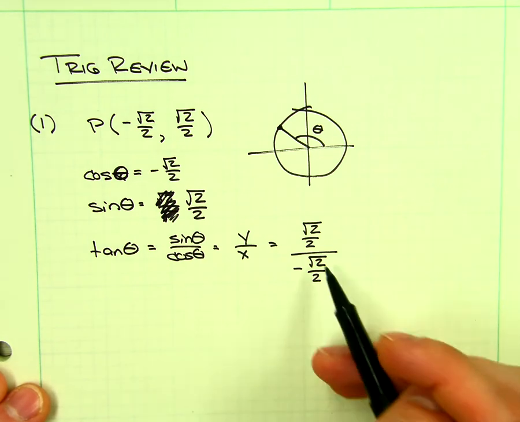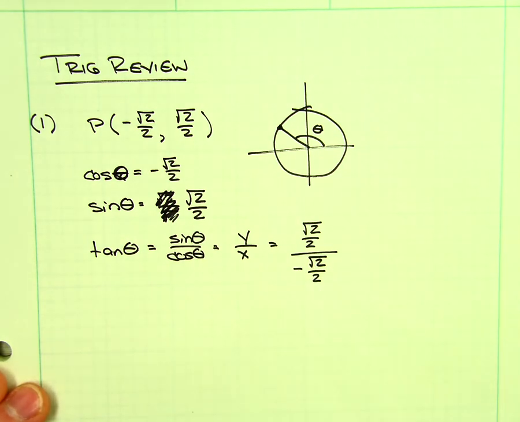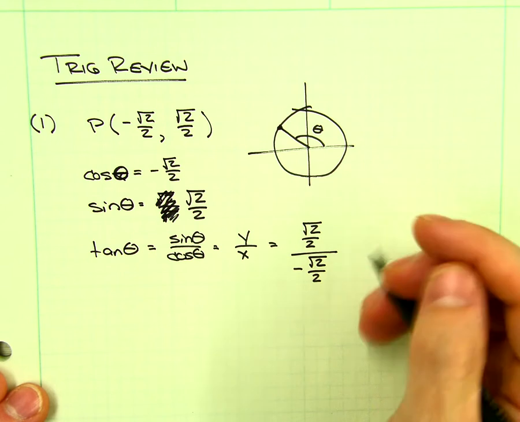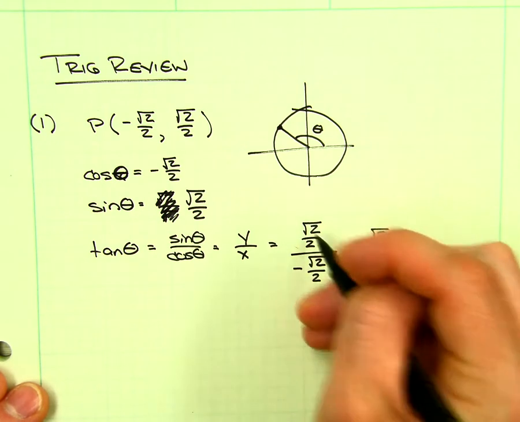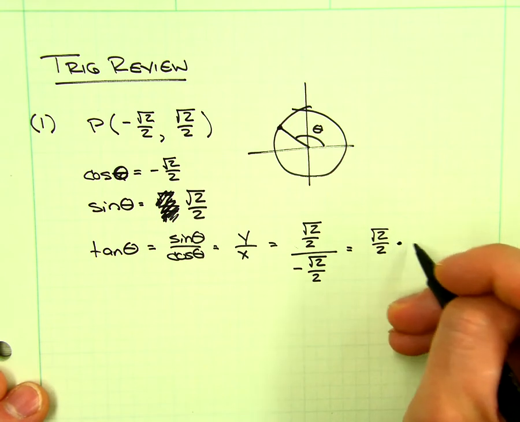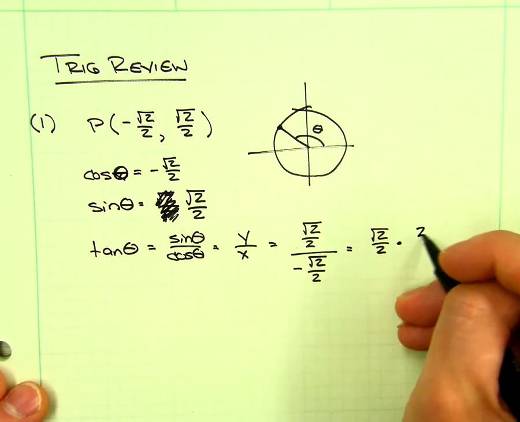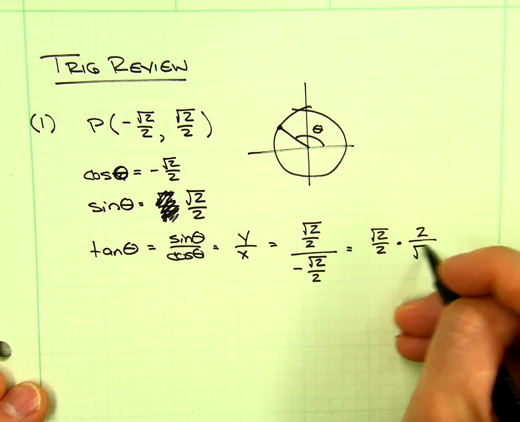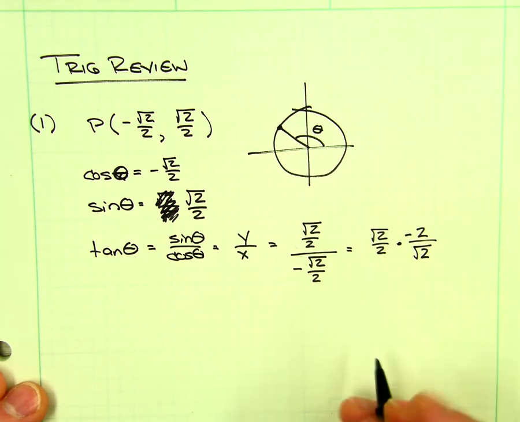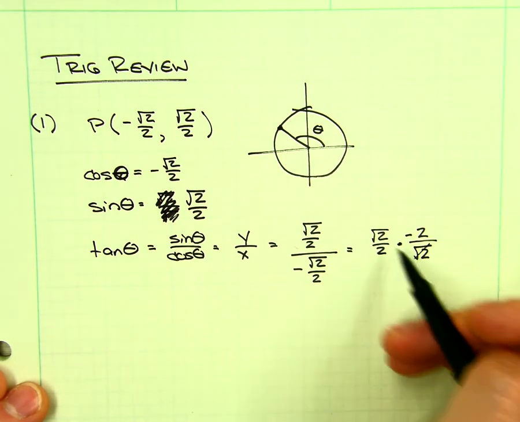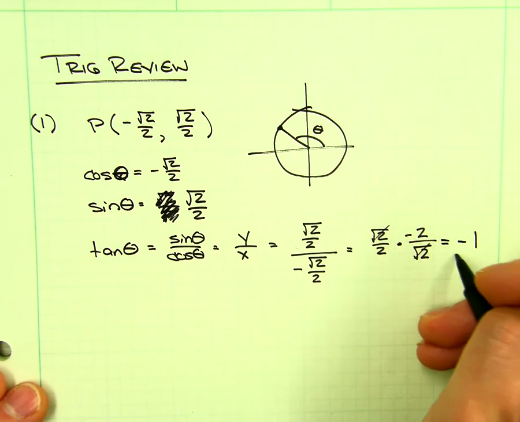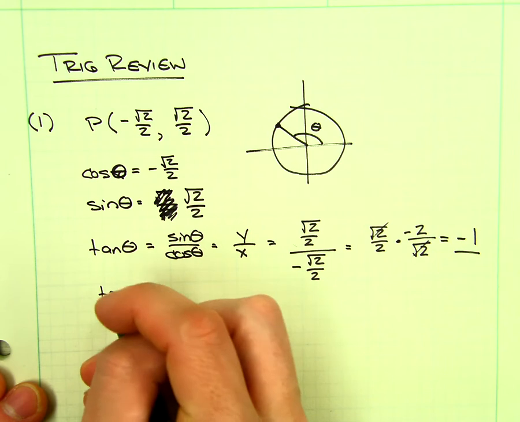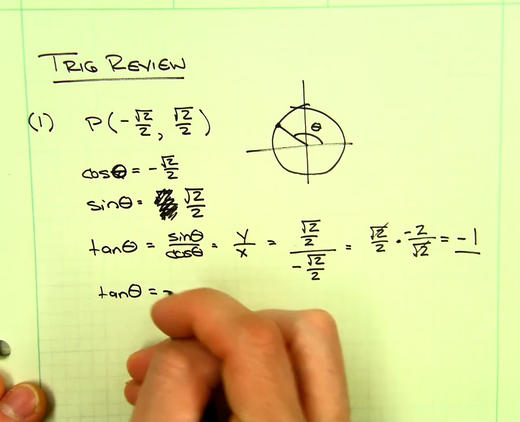Of course, when I've got a fraction on the bottom and I'm dividing by it, I can flip it and bring it to the top. So this is going to be equal to square root of 2 over 2, multiplied by the flipped fraction, 2 over square root of 2, with a negative sign there. These more or less cancel, and I just end up with negative 1. So the tangent of theta is going to be equal to negative 1.